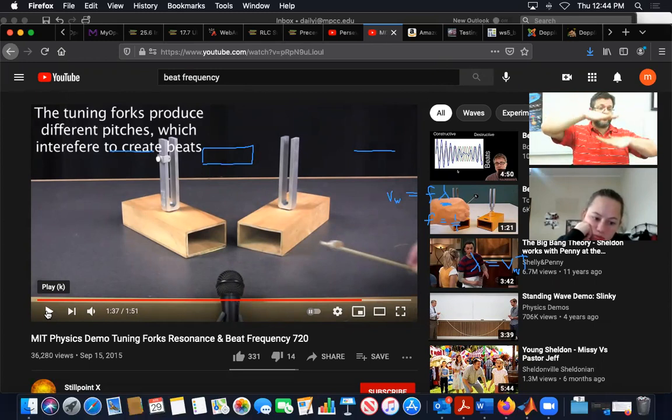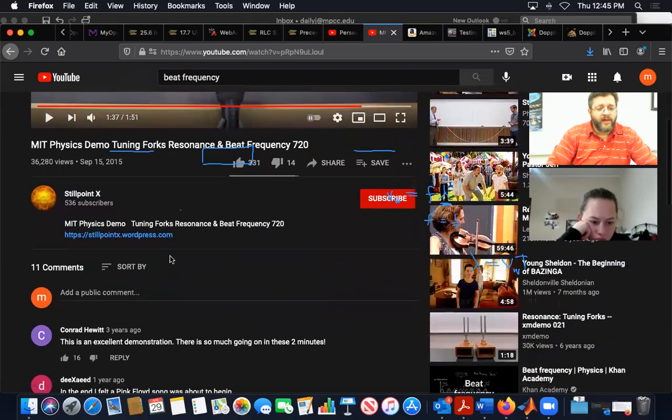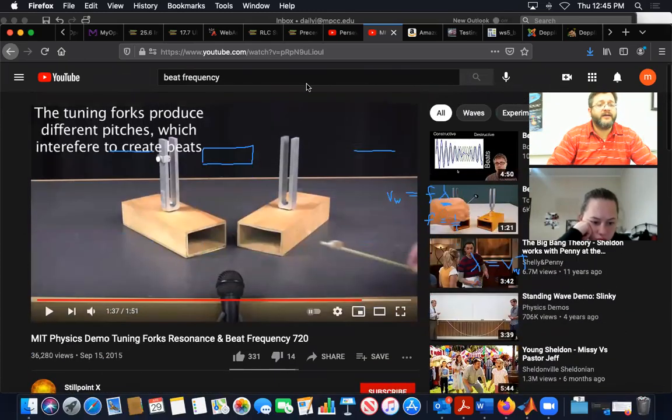And that softer, louder has a fairly recognizable frequency. It's something that we can discern with our ears. It's usually somewhere between like 1 hertz and 0.1 hertz or something like that. That one there was probably pretty close to about 0.2 hertz, I would guess. So about 5 beats per second. Anyway, that's the beat frequency.